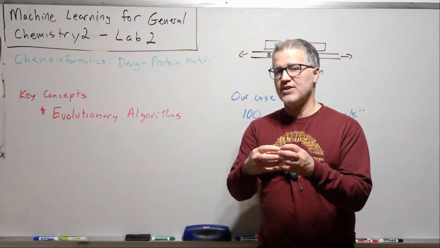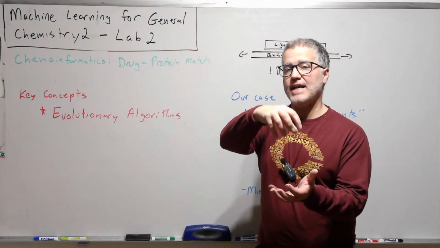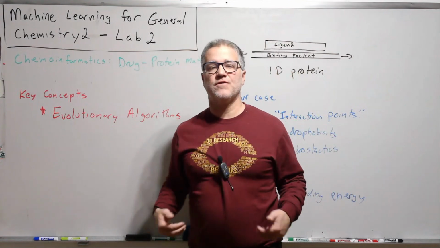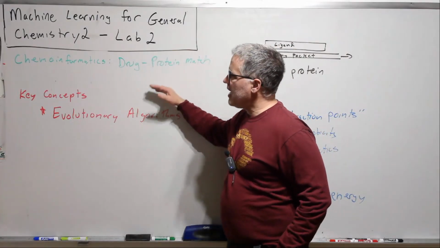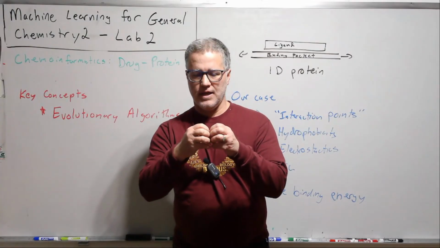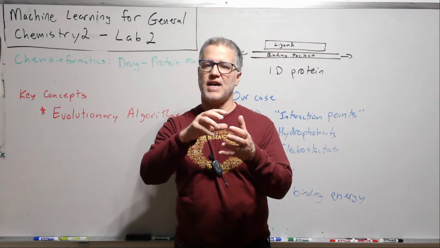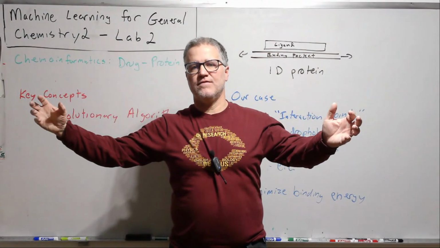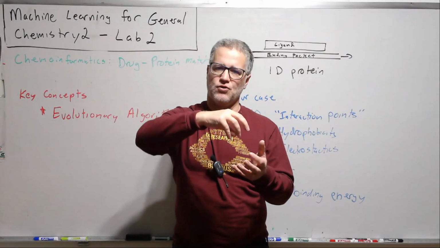So the drug-protein interaction, you might imagine that we want to get a drug to bind to a protein, an important protein in the body, that will elicit some sort of physiological response. And the idea behind chemoinformatics is that you have a molecule that, say, binds to this site, and then you take an expansive library of molecules that are very similar to this one, and then you test it against that protein.